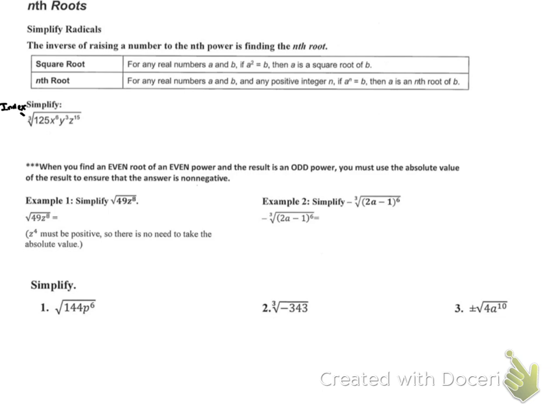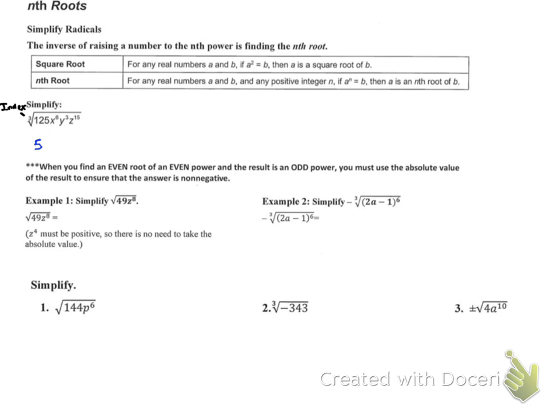All right, so because it's a cube root, we need 3 of a number to take something out of the radical. Okay, so 125 is a perfect cube. What's the cube root of 125? 5. Good. Now to do the variables, just divide the exponent of the variable by the index number.